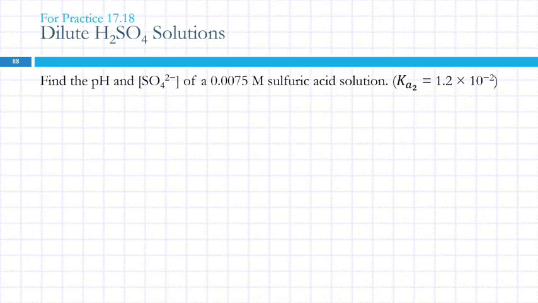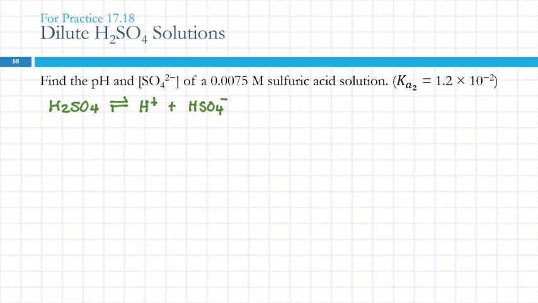Okay, so we've got a sulfuric acid solution. We're going to write the chemical equation for sulfuric acid acting as an acid. H2SO4 loses a hydrogen to become HSO4-.